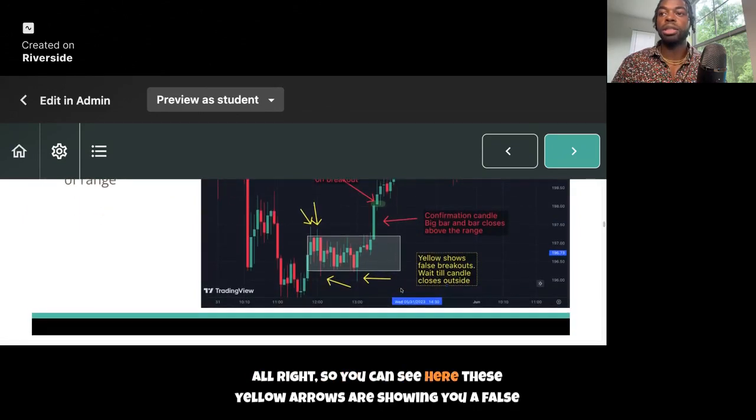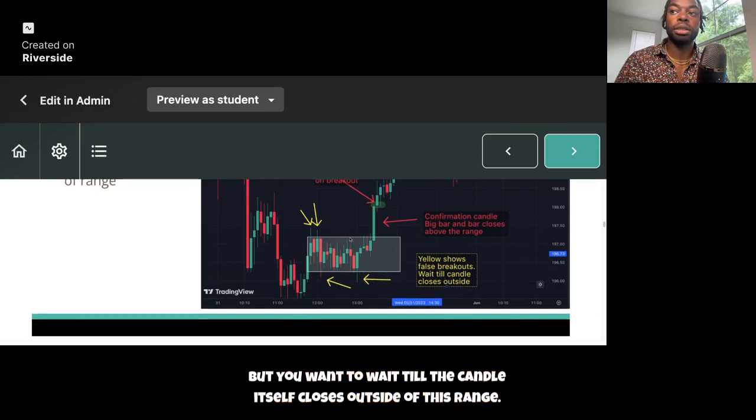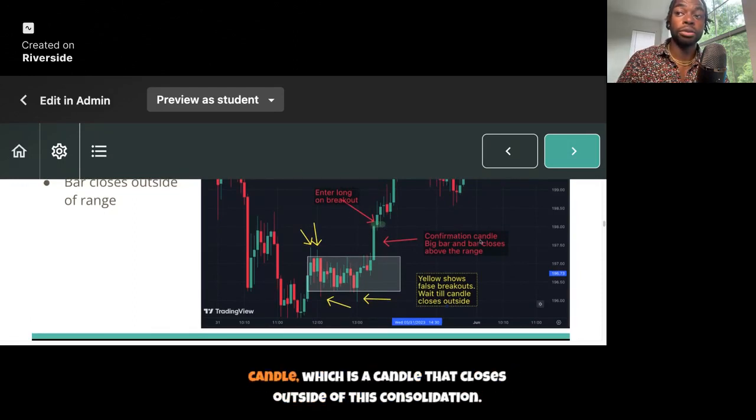All right, so you can see here, these yellow arrows are showing you a false breakout because you're getting wicks that kind of break outside of this range. But you want to wait till the candle itself closes outside of this range. So you want to enter long here on this breakout when we get a confirmation candle, which is a candle that closes outside of this consolidation.